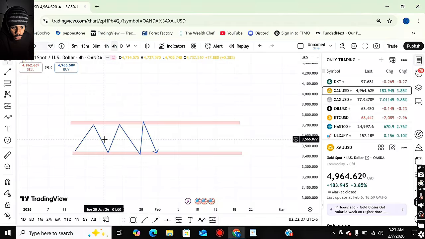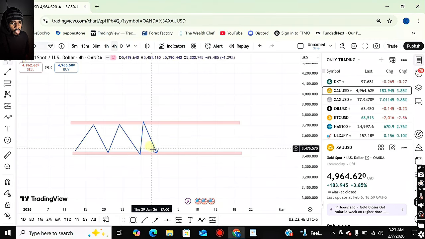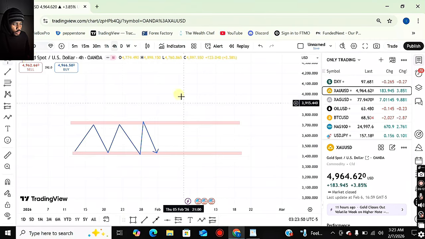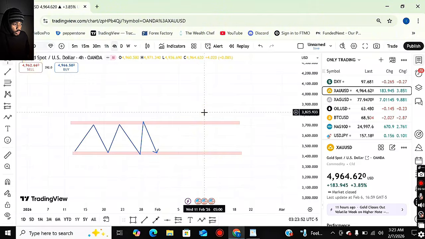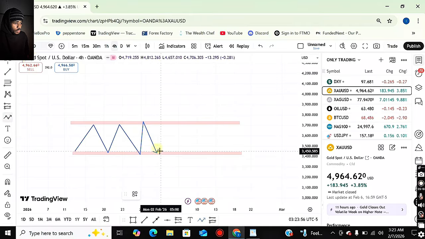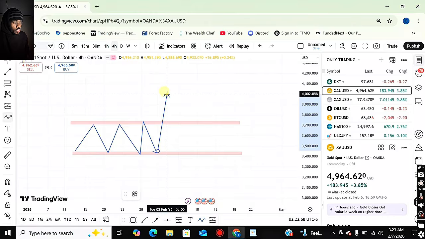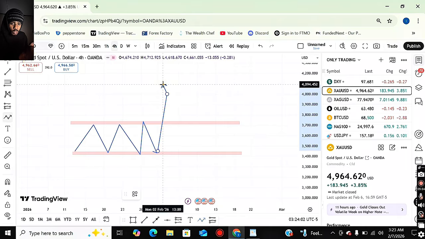If it's looking indecisive, it's more than likely in a consolidation, and the market is about to tell you what it's going to do. You just have to wait for it to break below this low or above this high. And sometimes you might have this come out, but if you see this happen, it's basically an indication.